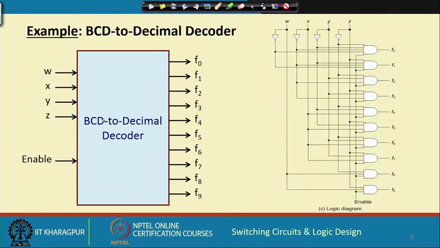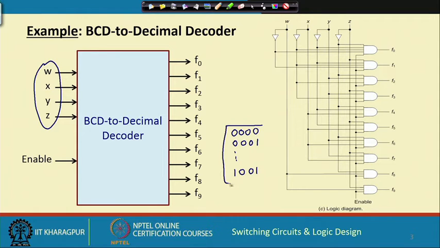A BCD, as you know, is a 4-bit number encoding, let us say W x y z is a BCD, and in a BCD number the valid numbers go from 0 0 0 0 up to 9. The remaining 6 combinations are considered not valid. So, in the output we have only 10 outputs, not 16 outputs like in a normal decoder. Depending on which one you apply, one of the outputs will be 1.